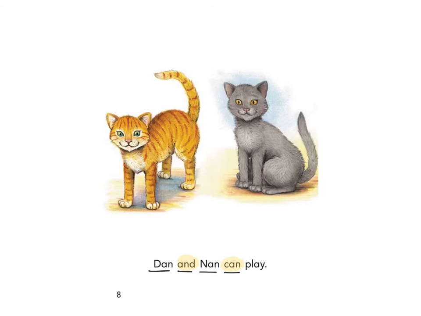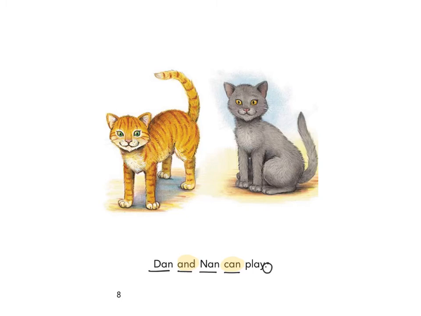And yes, circle our punctuation, a period at the end of that sentence. Okay, pencils down, fingers ready. Oop, I need to see your fingers. I'm waiting on lots of fingers. We're not done with this book. Dan and Nan can play.